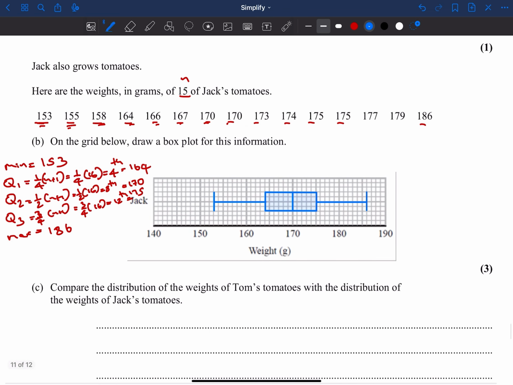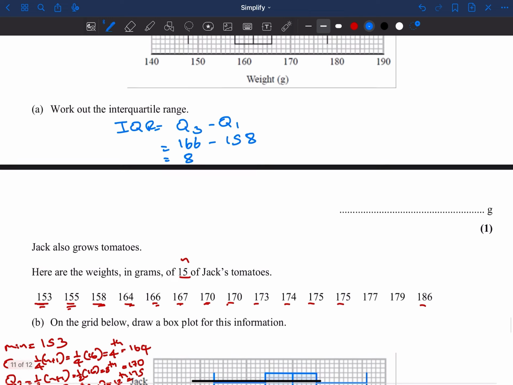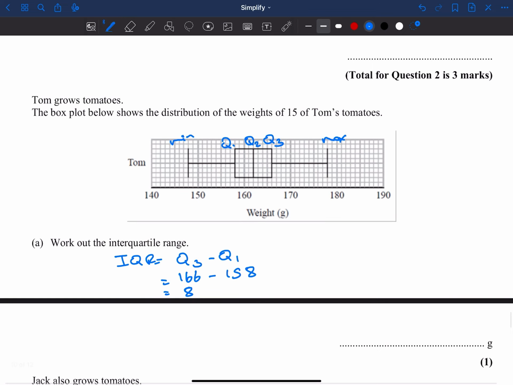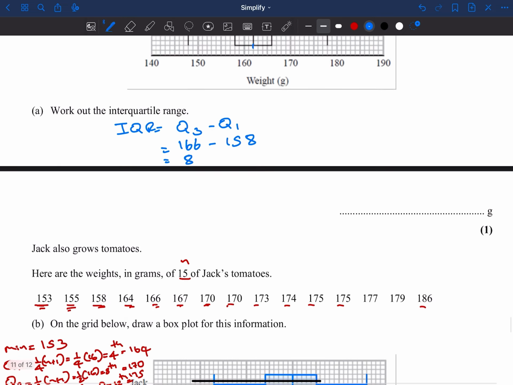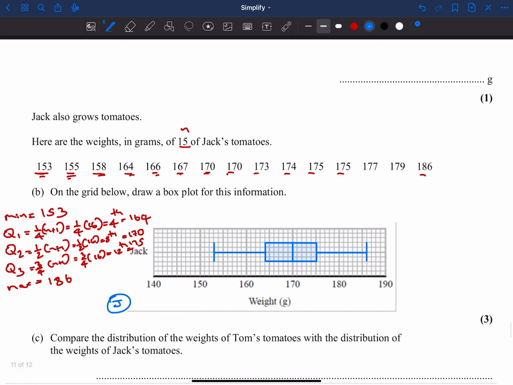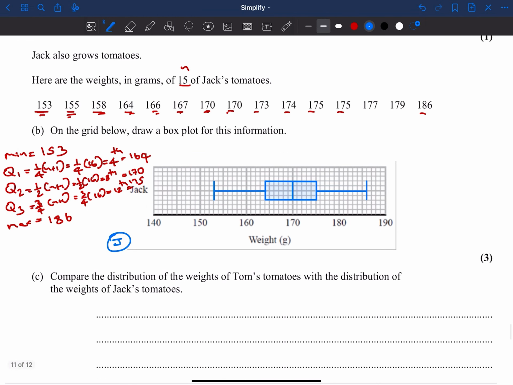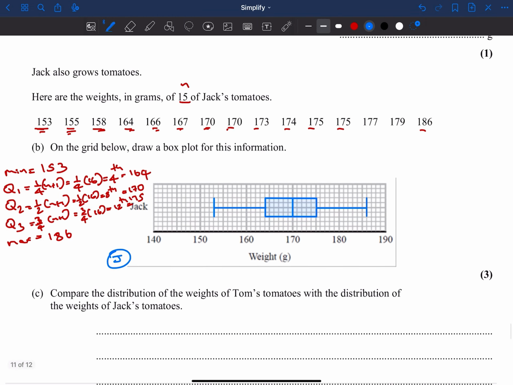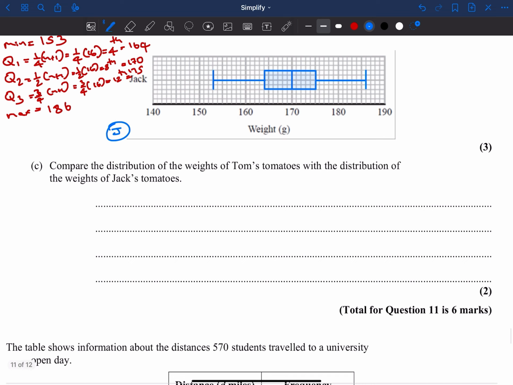Compare the distributions now. This is Jack. The one before was Tom. When you compare, you're comparing the median. Who has a higher median? The median for Tom was 162. The median for Jack is 170. So he has a higher median.